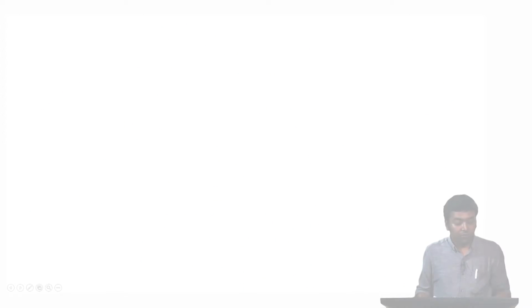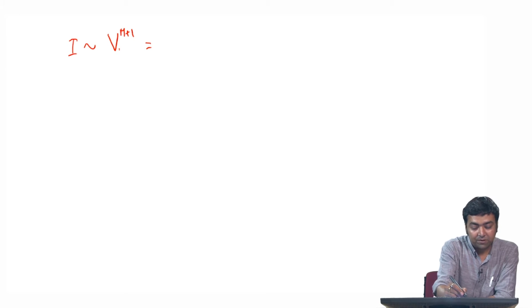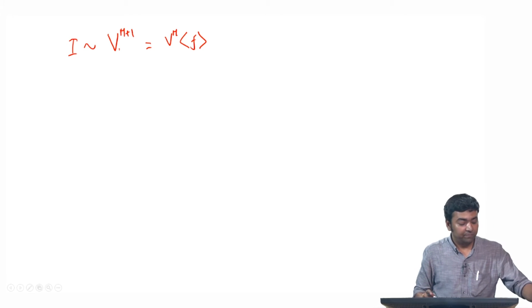So, basically what this means is that I am approximating my integral by calculating an m plus one dimensional volume, whose value is given by the volume V m into the average value of my function in that volume.